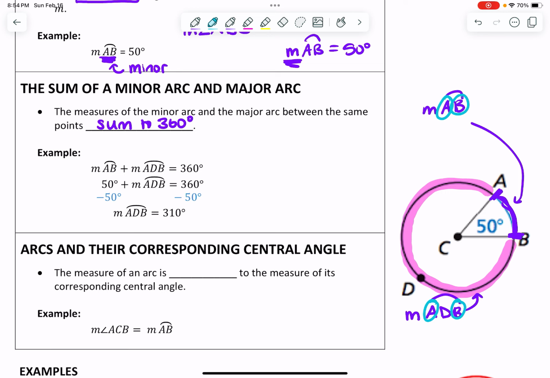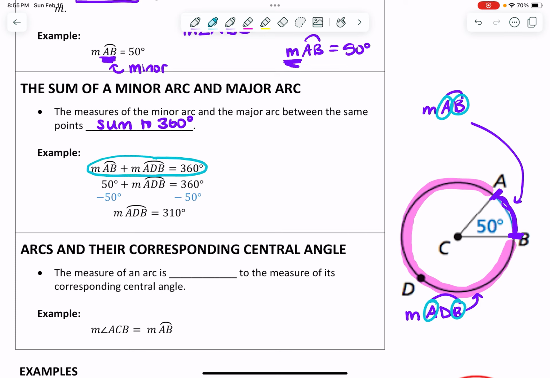The endpoints are always apparent in the name. I started at A and I ended at B, and again, the order doesn't matter, but I see an A and B at the end of both of those names. I know that those two measures will create the full circumference, which means the distance it adds up to will be exactly 360.